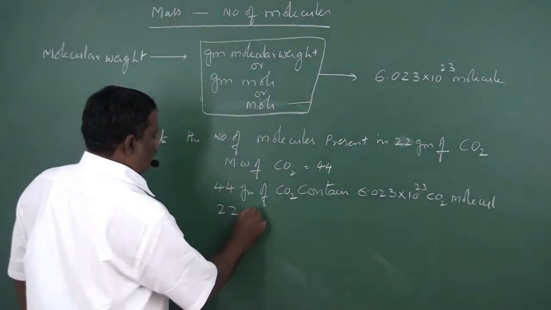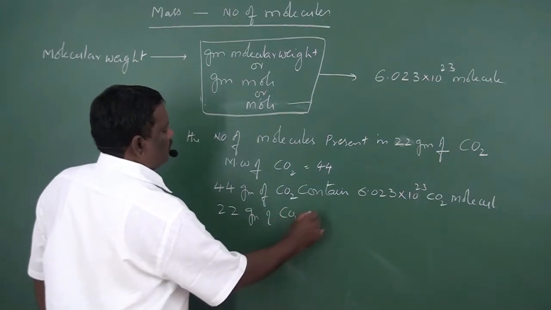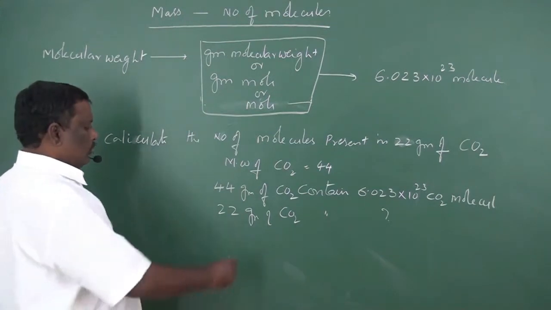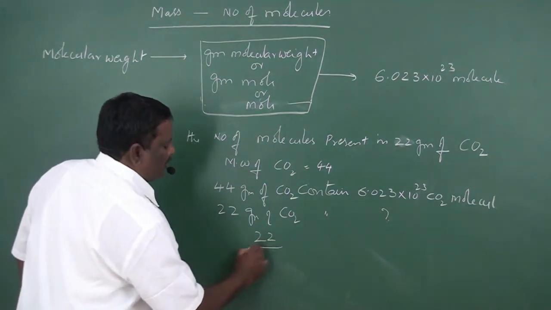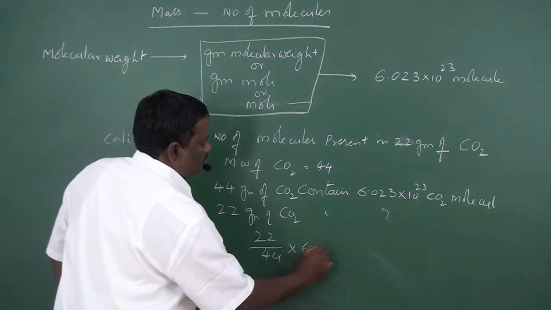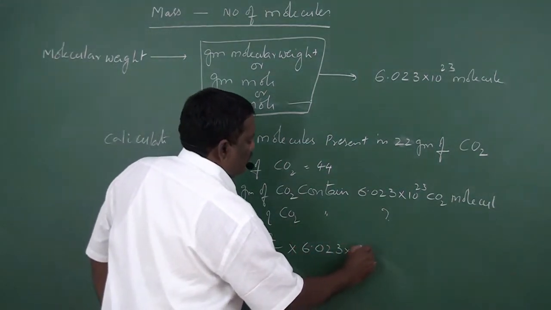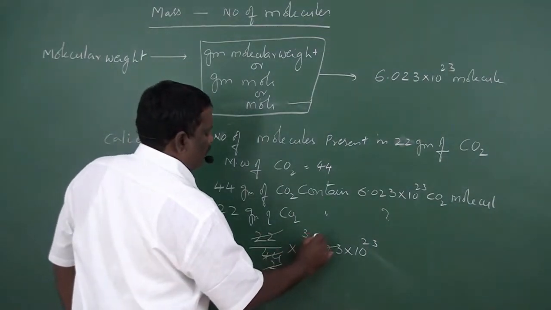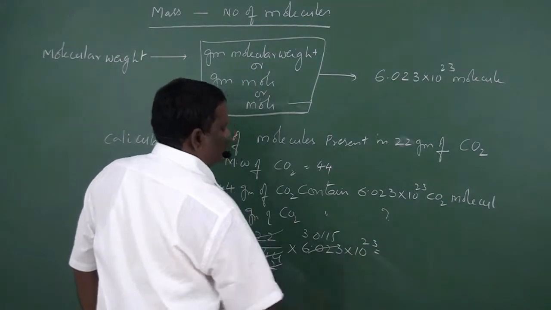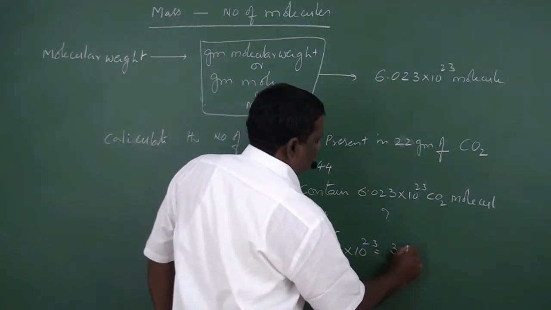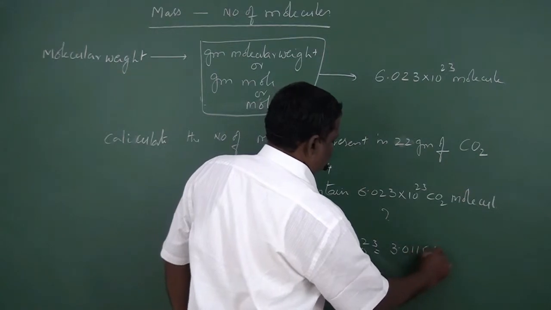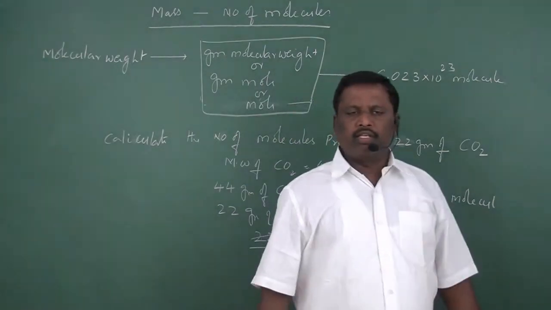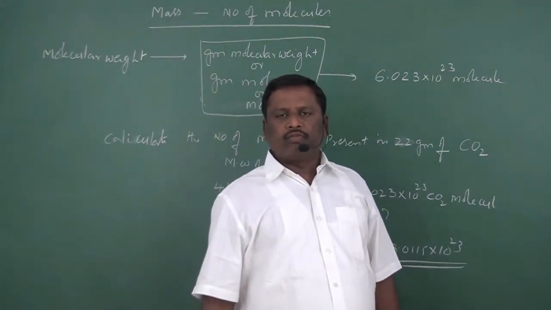Then 22 grams of CO2 contains how many molecules? Automatically less. So 22 by 44 into 6.023 into 10 to the power 23, and it will be 3.0115 into 10 to the power 23. So these are the number of molecules present in 22 grams of CO2.